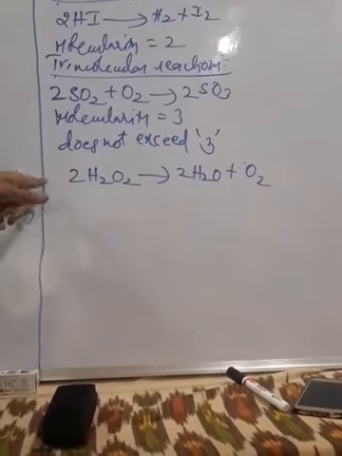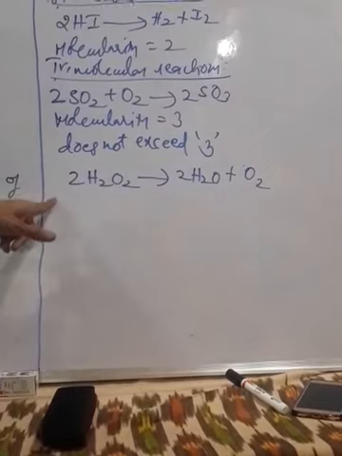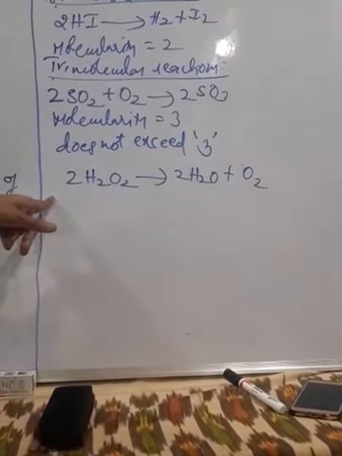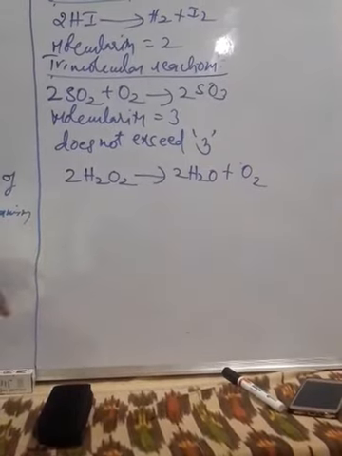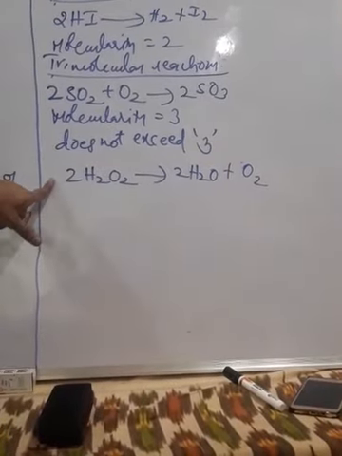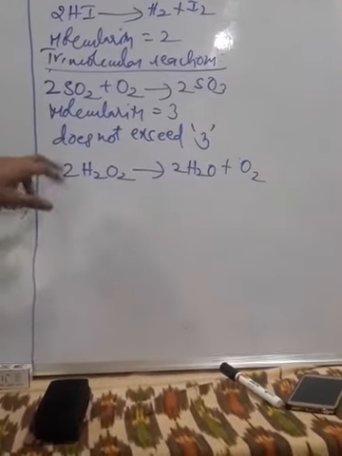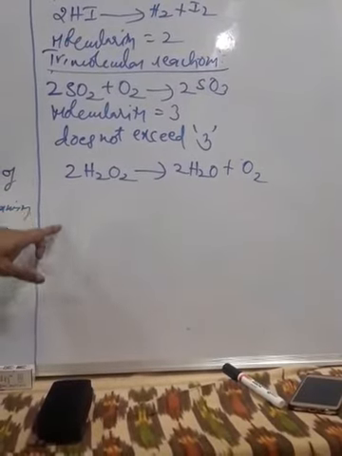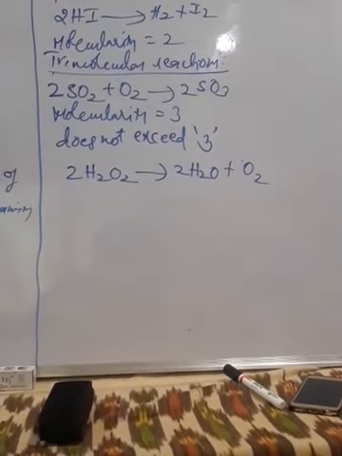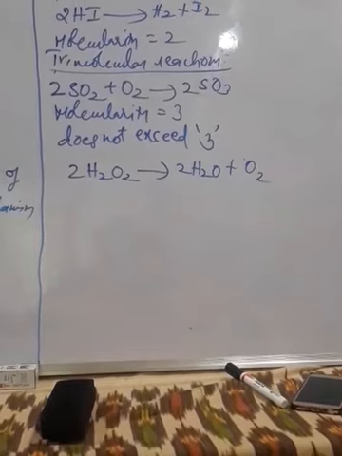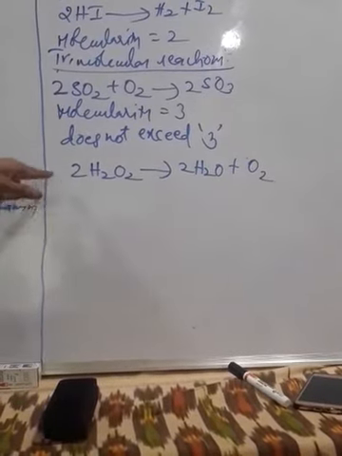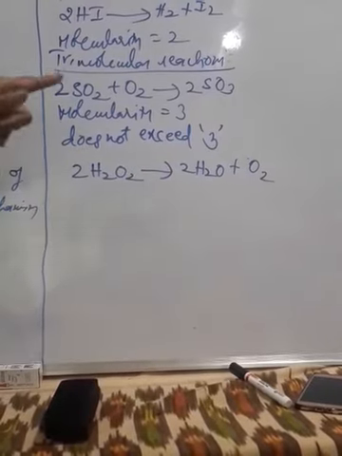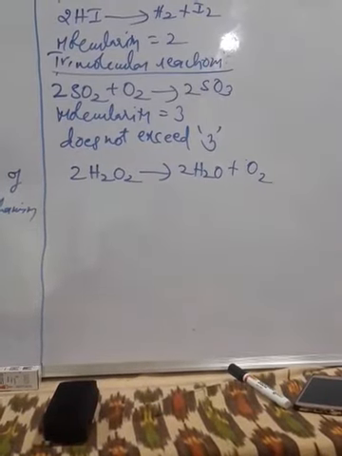But its molecularity is not 2. Actually, its molecularity is 1. So this is the main reaction, and this reaction involves 2 elementary steps. Elementary steps make up the reaction mechanism, and this reaction mechanism has 2 steps.